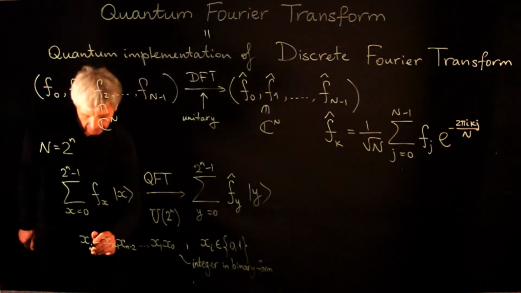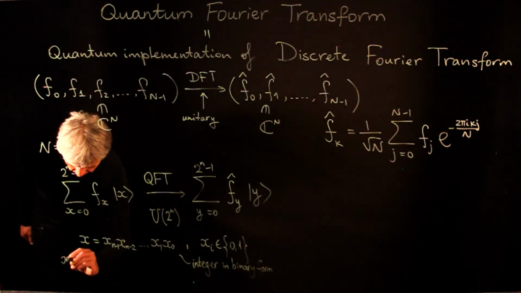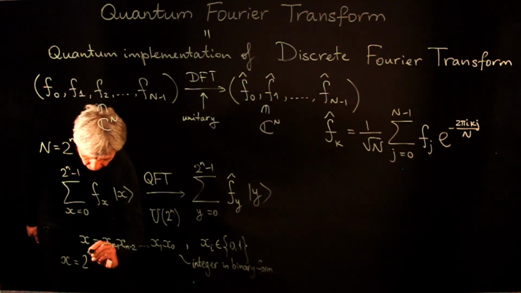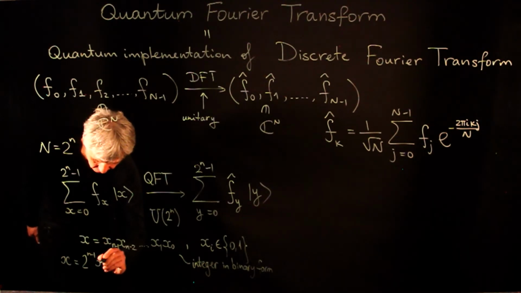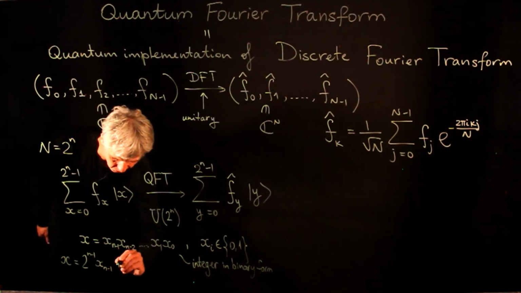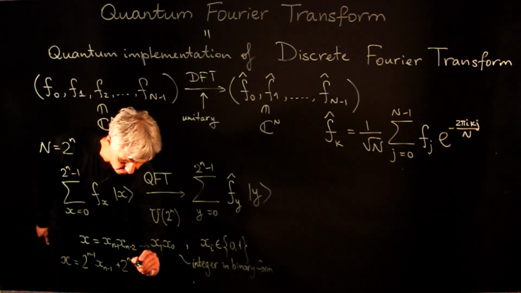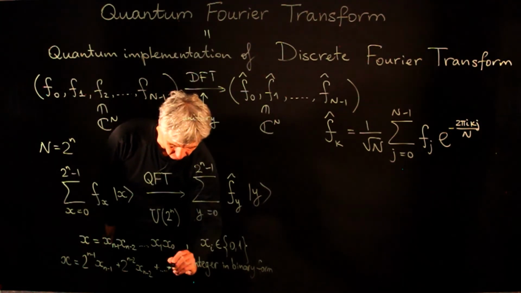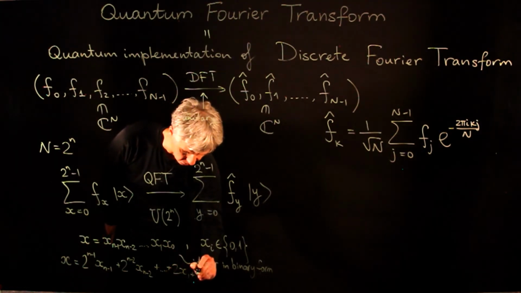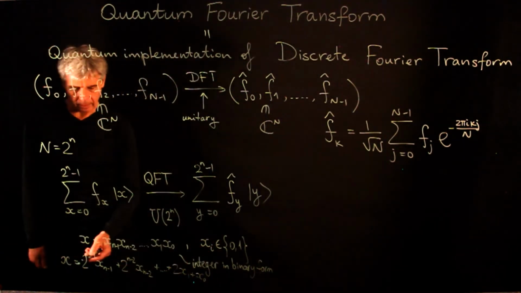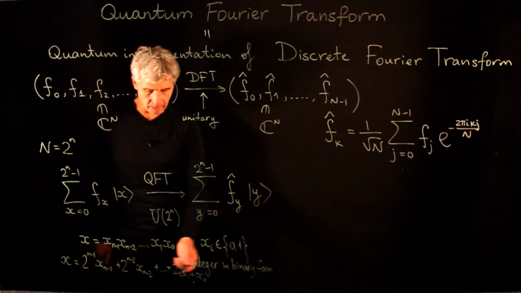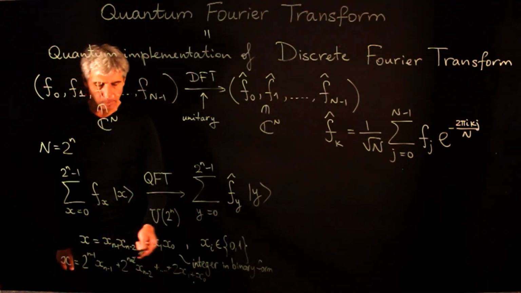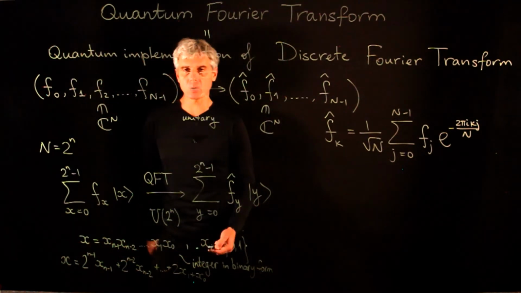We can write x as the following sum: 2 to the power n minus 1 times x n minus 1, plus 2 to the n minus 2 times x n minus 2, plus ... plus 2 x1 plus x0. This is how we find the binary form of an integer. We write it as a sum of powers of 2 with coefficients that are 0 or 1.